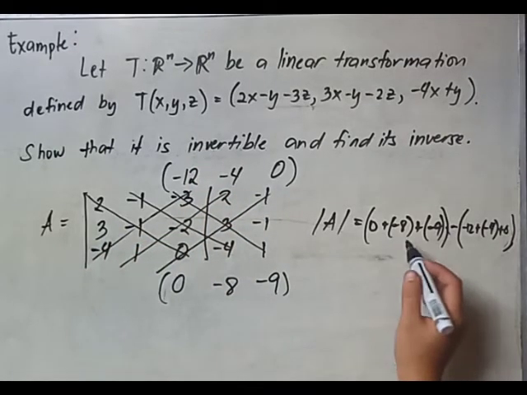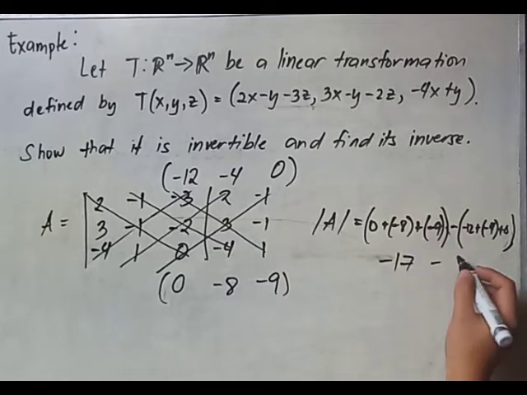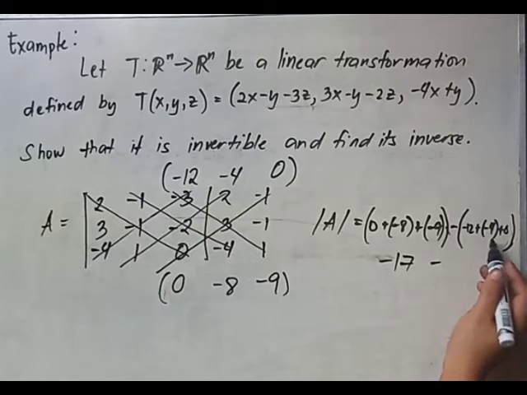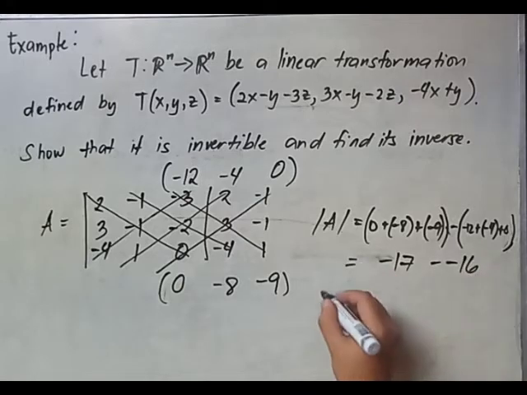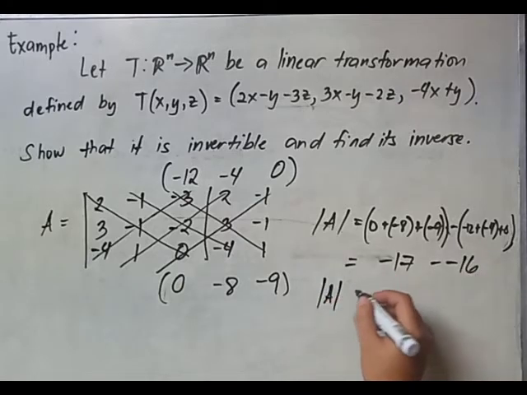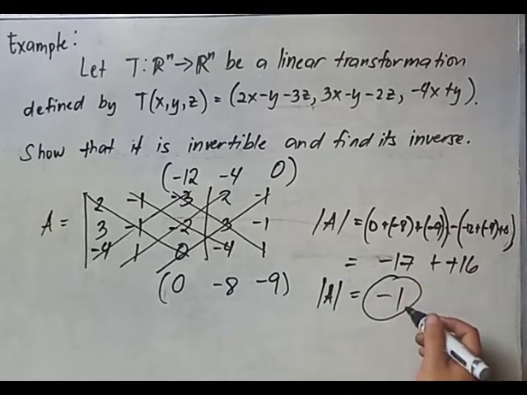So 0 plus negative 8 plus negative 9 is negative 17, minus negative 12 plus negative 4 plus 0 is negative 16. The determinant of our matrix A is negative 1. We are going to use this later in finding the inverse of the matrix.